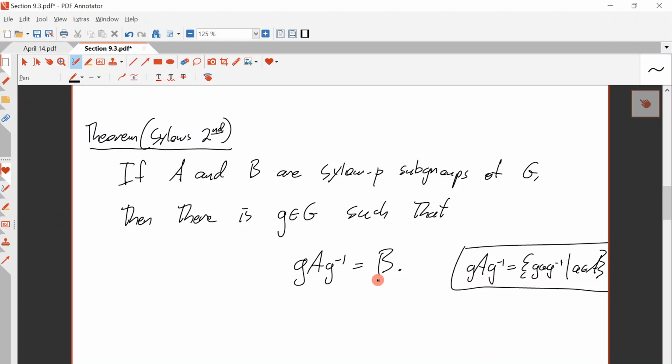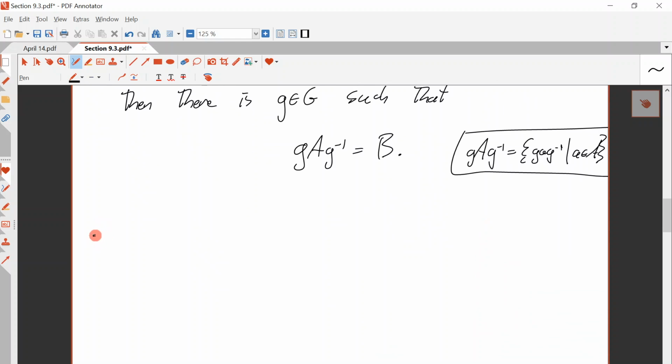For any other orders of subgroups of G, that need not happen. But for those maximal subgroups of order P to the k, you have this conjugation property.